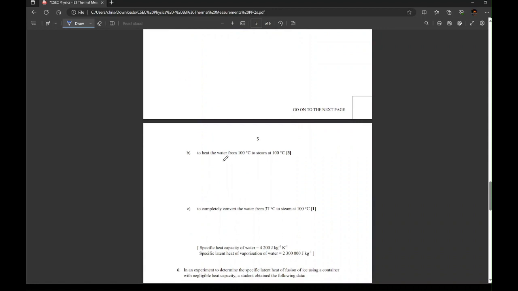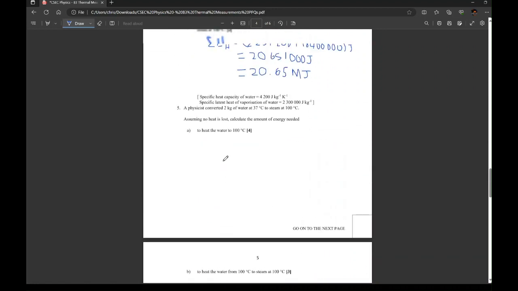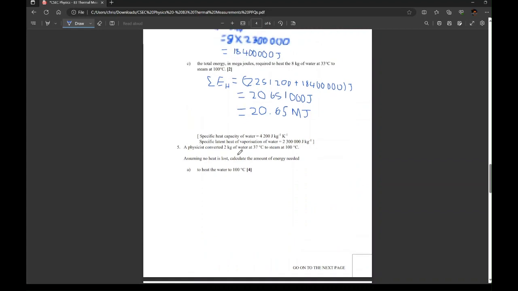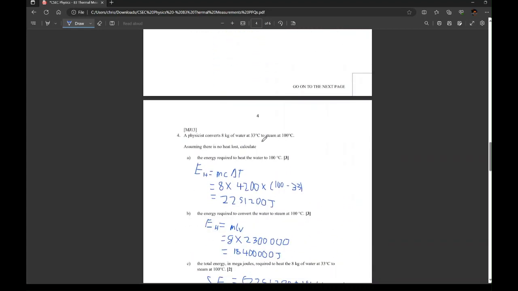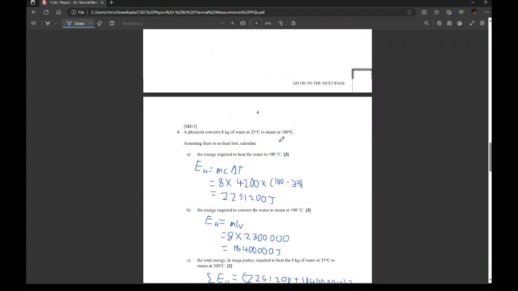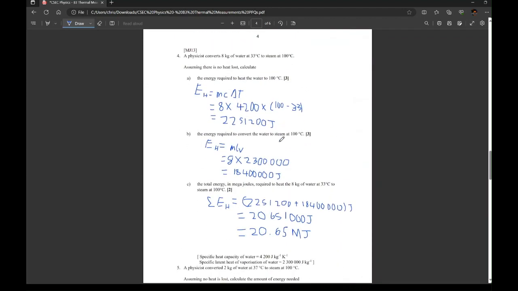Okay, so this physicist is doing something pretty similar to what this physicist did. And this is a good sign, because that means that CSEC likes to repeat certain questions, not with the exact same values, but with the same concept.